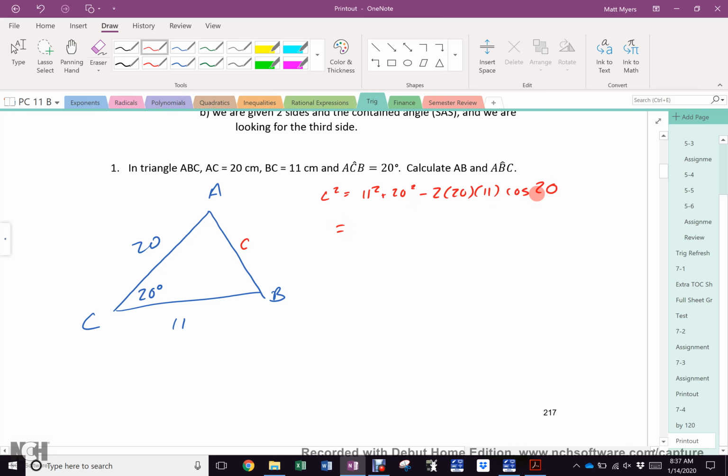And when I say punch this in, I want the value for C at the end, including the square root. So everybody try. And just one decimal place is fine.